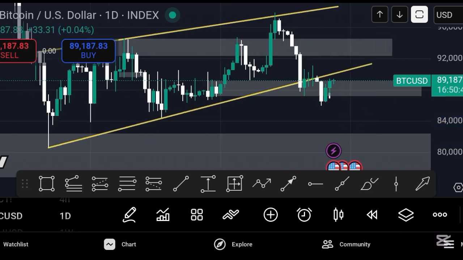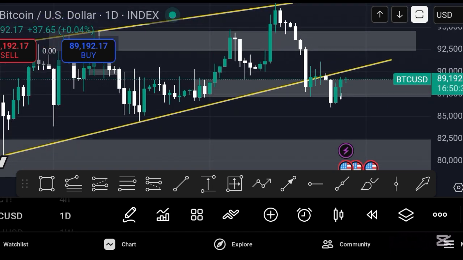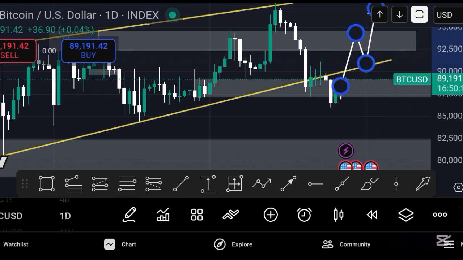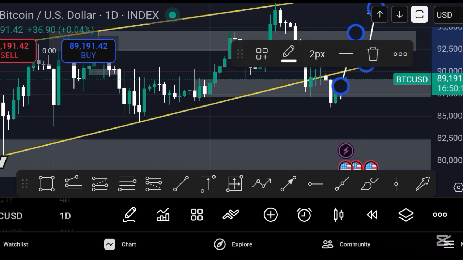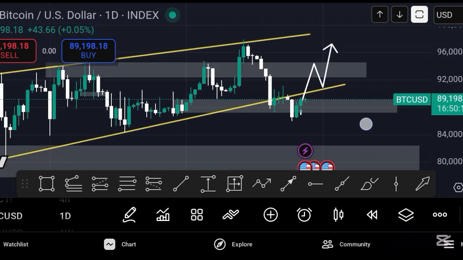Currently, what I'm looking for on Bitcoin is for us to actually reclaim this level right here. And what do I mean by that? Today is Wednesday, and before the week runs out, if we see a break above this level, maybe a little bit of sell-off on this resistance, because this was a previous resistance, then a break above this level, I'll be flipping my thesis from bearish to bullish, because it's Wednesday and we are approaching the weekend.